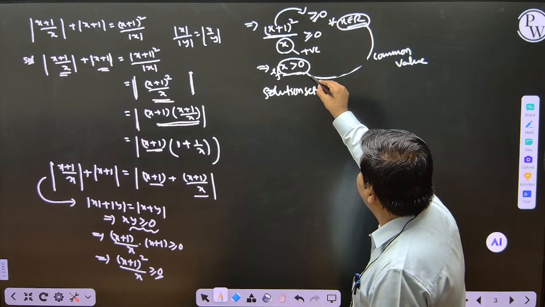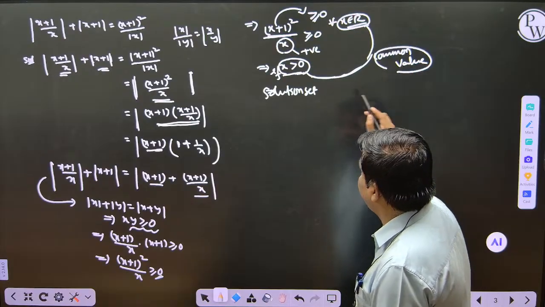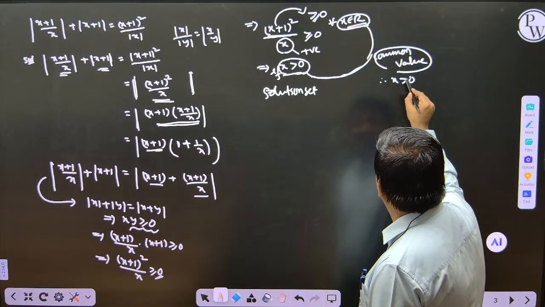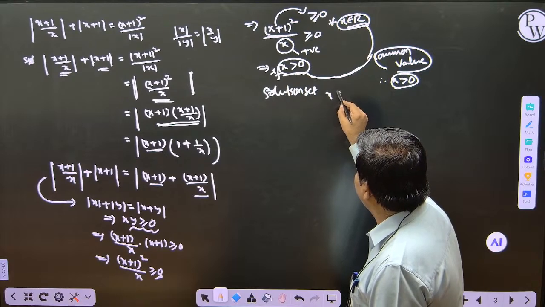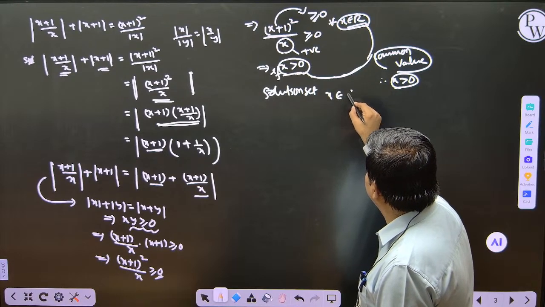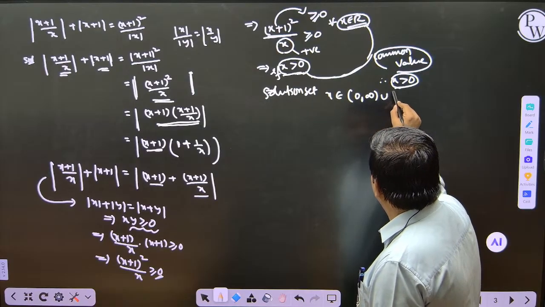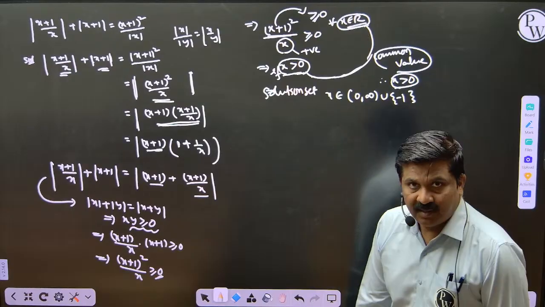So finally, combine these two. We have to take the common value. What is that common value? x greater than 0 is our only common value. Therefore, the solution set is x belongs to 0 to infinity. But to that, you must also add minus 1, or not?